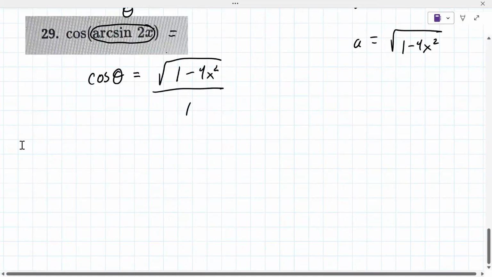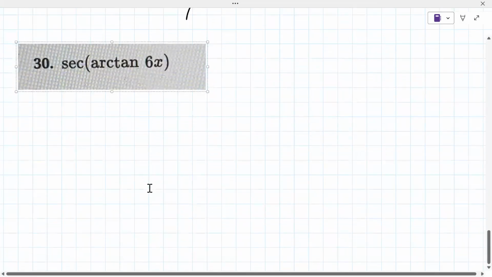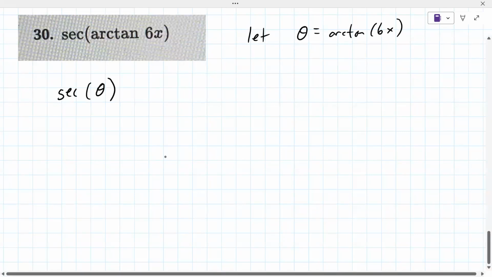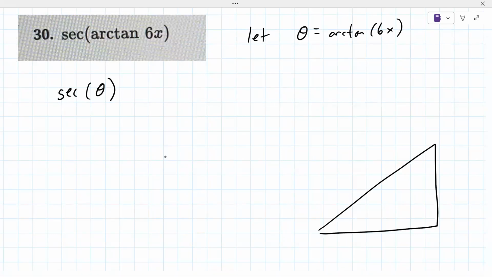All right, so let me try to do this a little more formally. You're really making a substitution. You're saying let theta equal arc tangent of 6x. So really you're finding the secant of theta. That's what you're really doing. But we don't know anything about it, so we've got this triangle here.